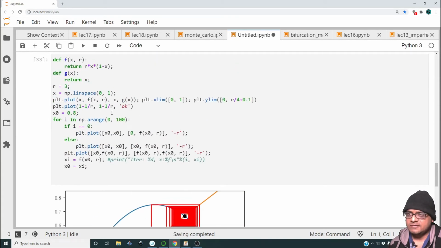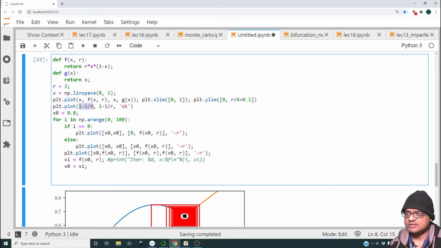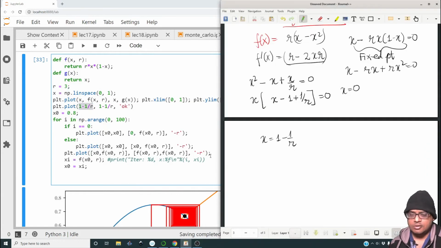Now we are interested in finding out what the value of this slope is at the root. So the value of this slope will be r times 1 minus twice of 1 minus 1 upon r, where this is the root. So I've just taken r common. This is 1 minus 2x.